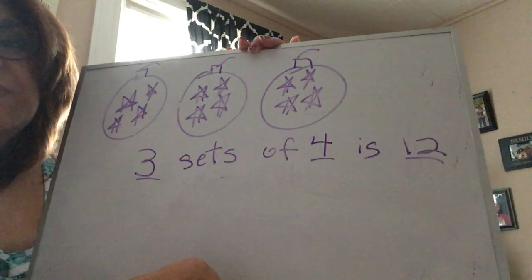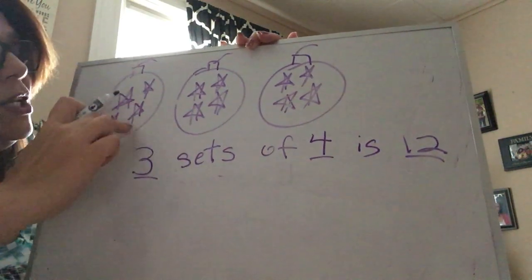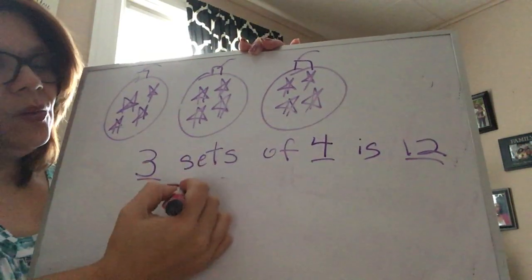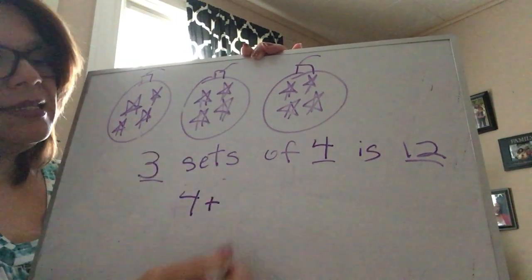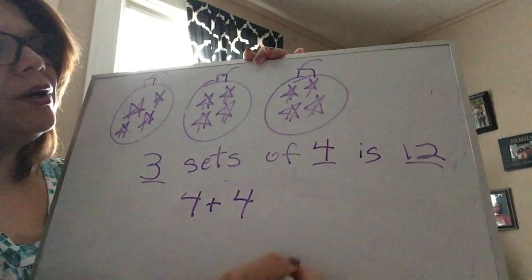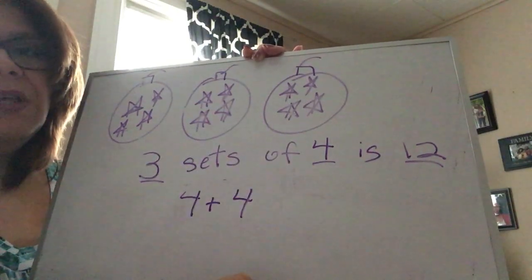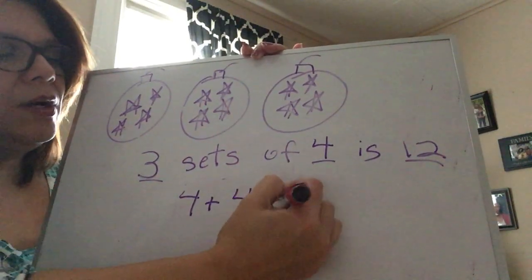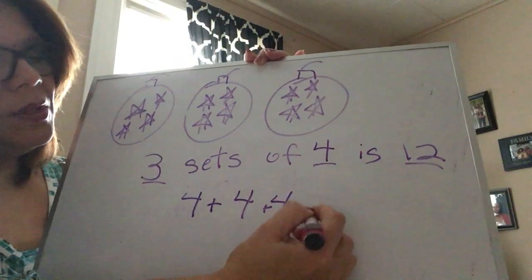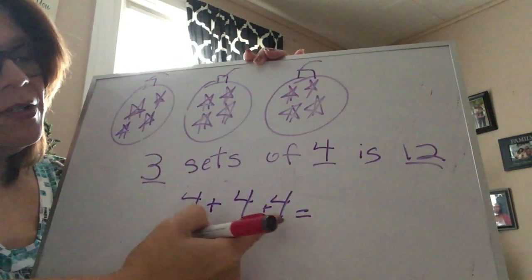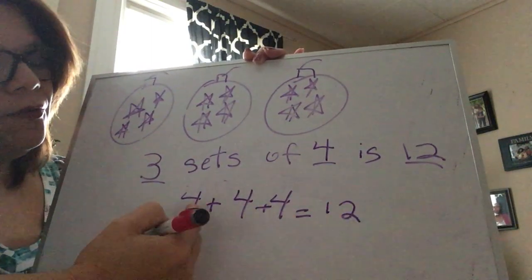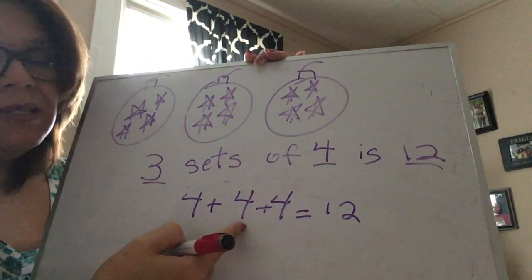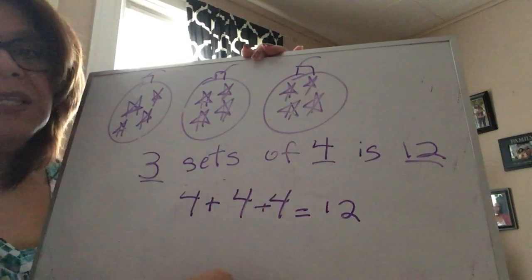We could use repeated addition. How many do we have in the first set? We have 4. How many do we have in the second set? We have 4. How many do we have in the third set? 4. 4 plus 4 plus 4 is equal to 12. 4 plus 4 is 8. 8 plus 4 is 12.